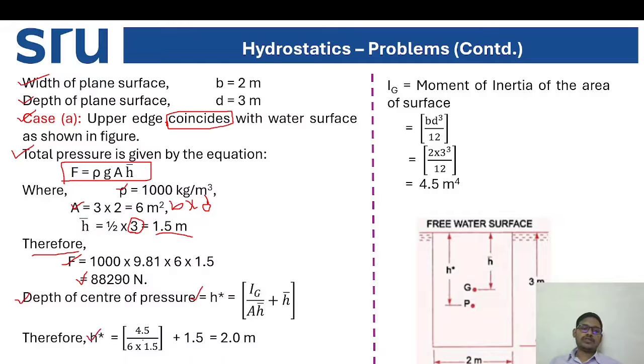Ig we will calculate as the moment of inertia of the area of the surface, b d cube by 12, 2 into 3 cube by 12, that is 4.5 meter to the power 4. Agree?